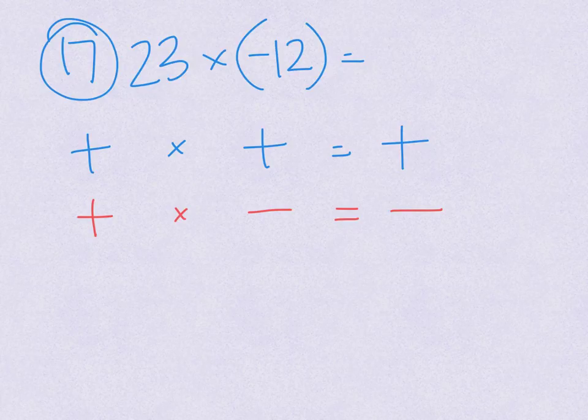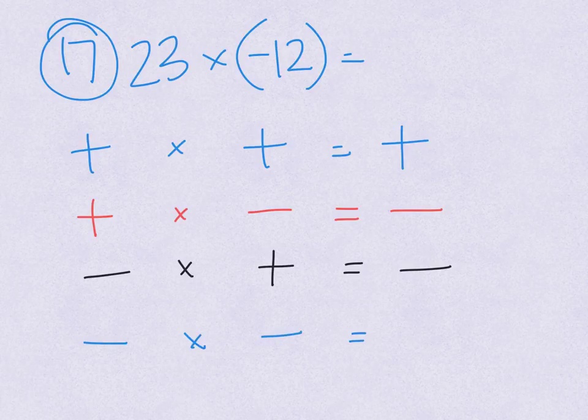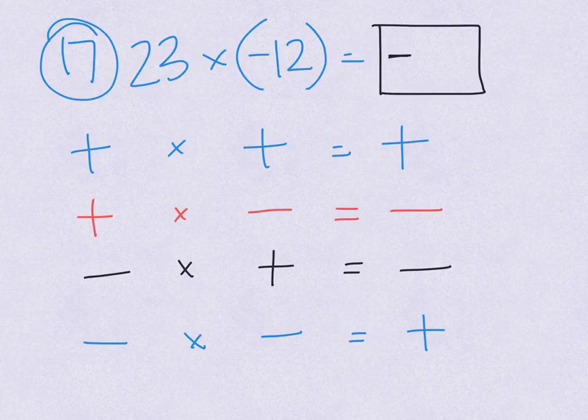If we have negative times positive, that's the same thing as we just did, that will be negative, which leaves us with negative times negative. It's like they cancel each other out, and your answer will be positive. So right away for number 17, you know that your answer is going to be a negative number, and you need to go ahead and multiply that to find your answer. Use this to help you as you work.